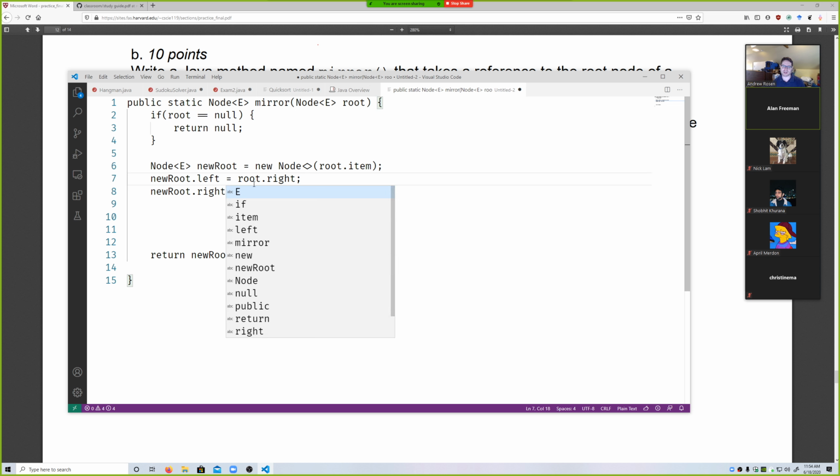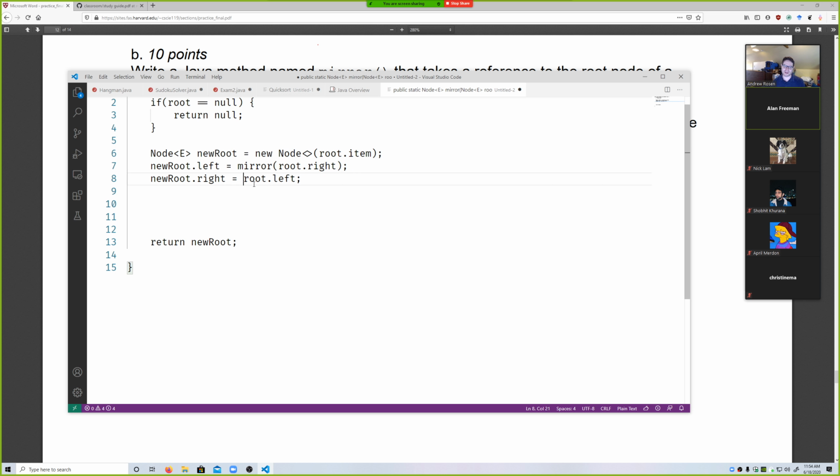Except that that's pointing to the original ones. So instead what we're going to do is tell my left child to create a mirror image of yourself and your subtree. I'm going to tell my left subchild to create a mirror image of itself, because mirror will return a new root.